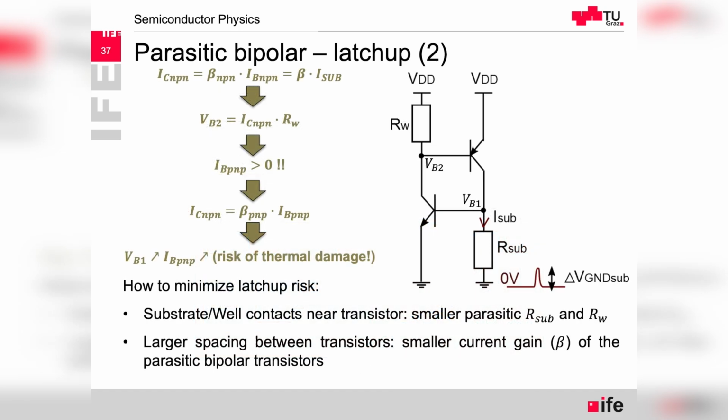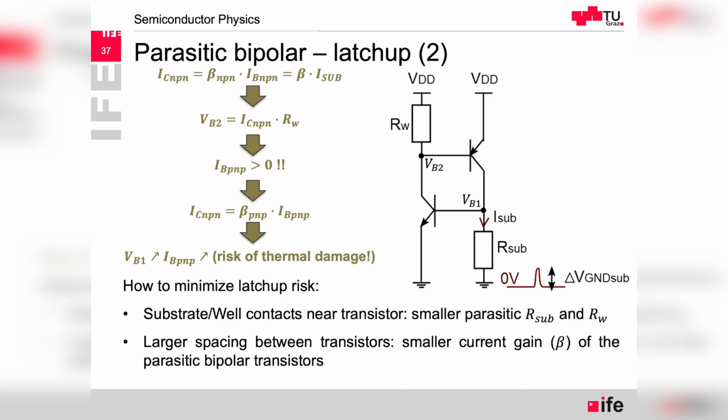And in the end, what can happen is that we will have an open path through both transistors from the upper supply to ground, something that normally should be just some negligible leakage current. This can happen when the beta of these parasitic transistors is large enough that it goes into positive feedback, and the collector current sustains the forward bias of the opposite-polarity transistor. If that happens, it can lead to thermal damage.